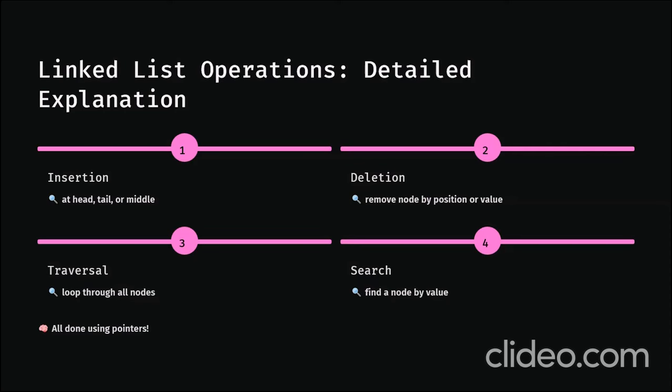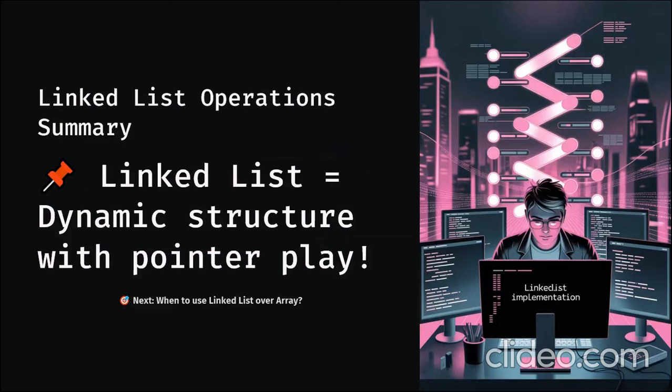Deletion removes a node by position or value. Traversal loops through all nodes, and searching finds a node by value. All done using what? Pointers. So linked list operations summary: a dynamic structure with pointer play.